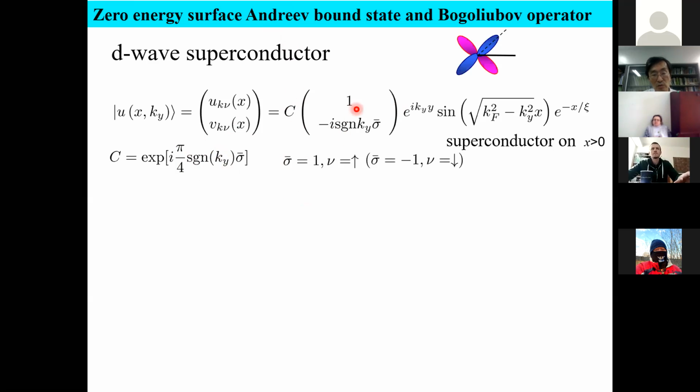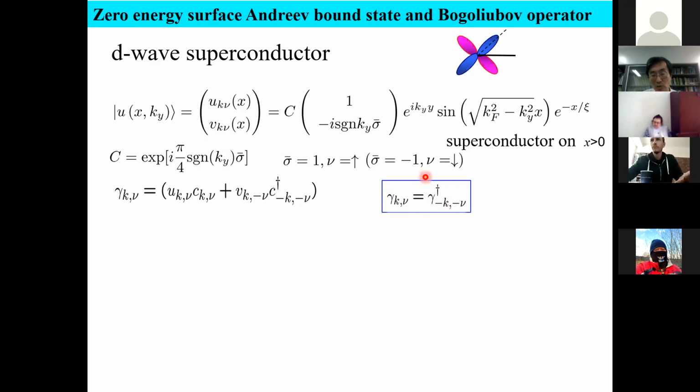But if we choose C carefully, then we define this type of Bogoliubov operator. The Bogoliubov operator satisfies such a relation between annihilation and creation. But we must be careful that the spins of the annihilation operator and creation operator are different to each other.